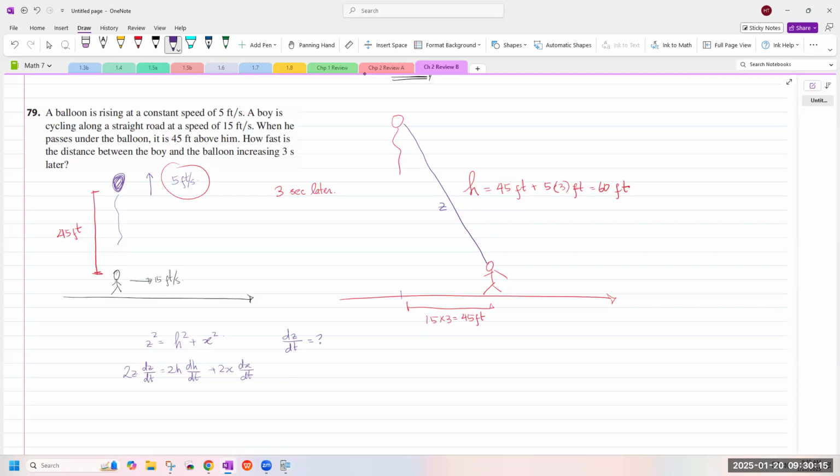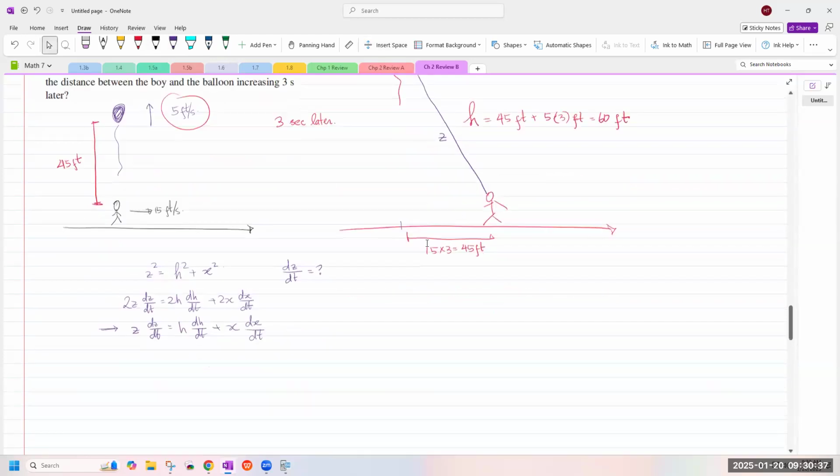We can cancel the 2's, right? So this becomes z times dz/dt equals h times dh/dt plus x times dx/dt.